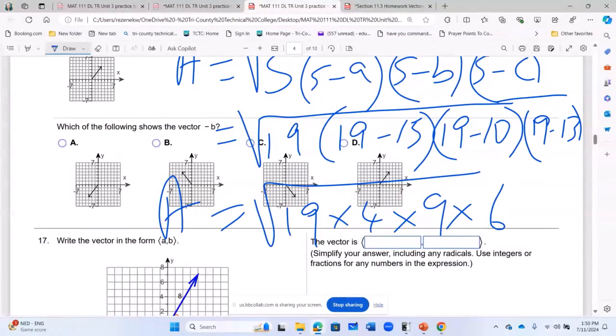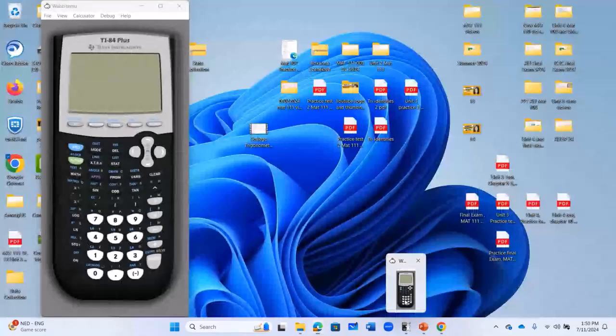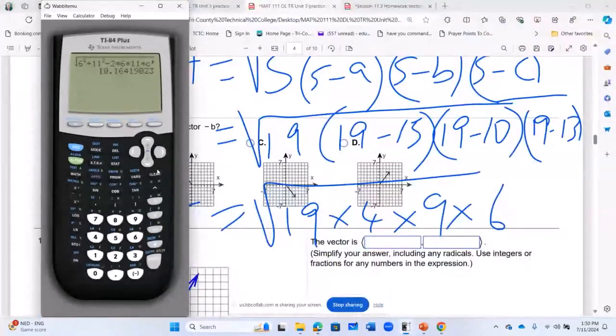And then I'm going to put this in my calculator. All right, so I'm going to clear, second square root, 19 multiplied by 4 multiplied by 9 multiplied by 6. And then I hit enter.